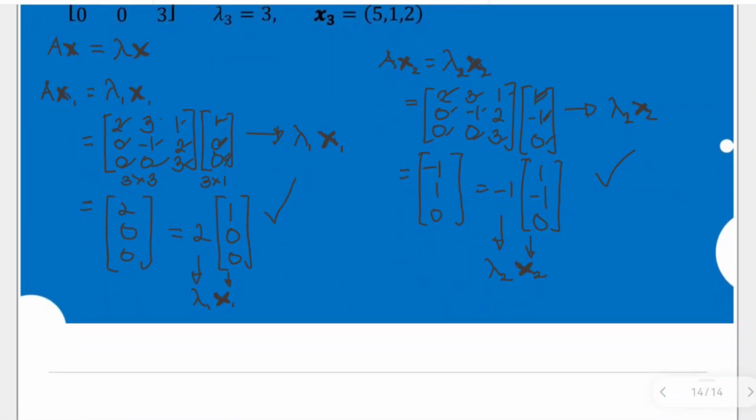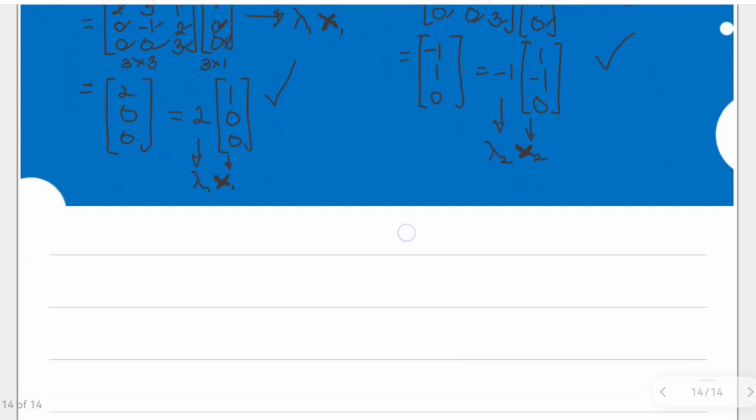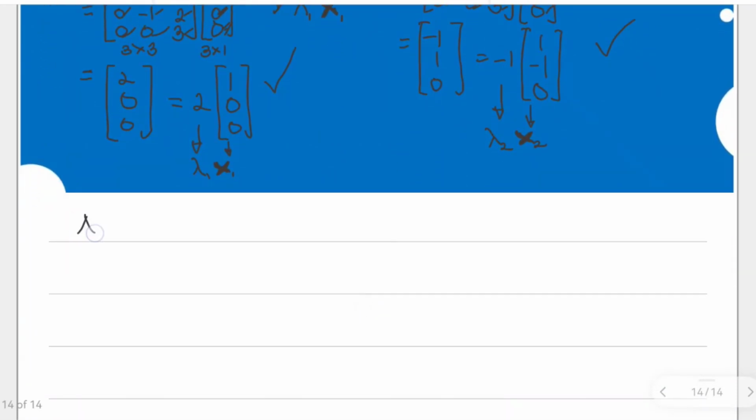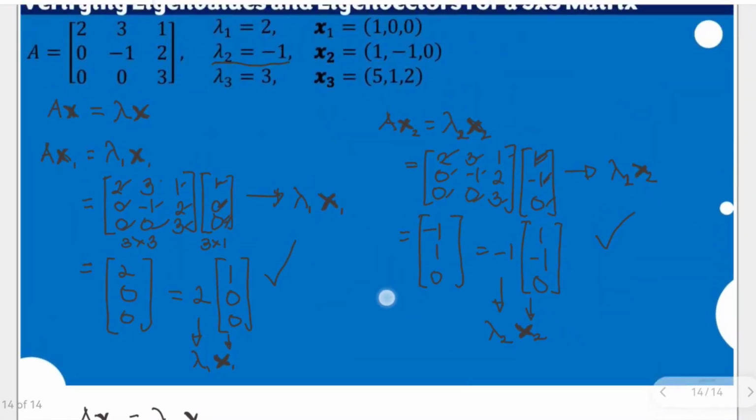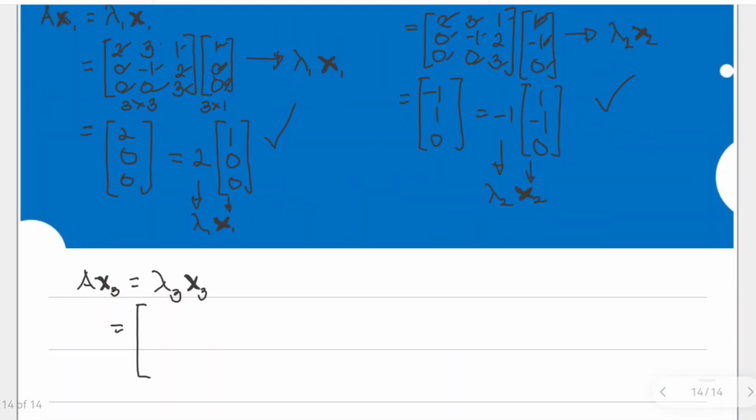Now, let's finish this with the last pair. We have 3 and then 5, 1, 2. Don't forget that. So you have here A x sub 3 must be the result of multiplying lambda sub 3 and x sub 3. So you have here the same matrix, 2, 3, 1, 0, negative 1, 2, 0, 0, 3.